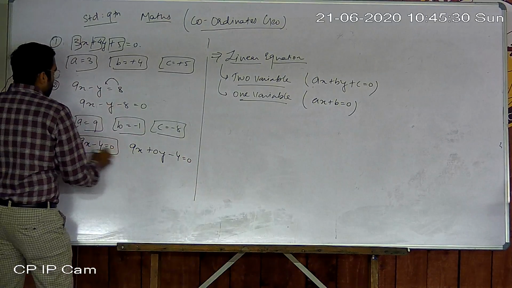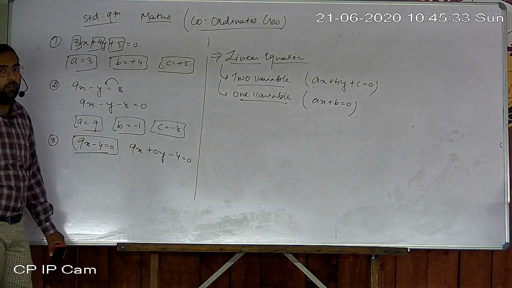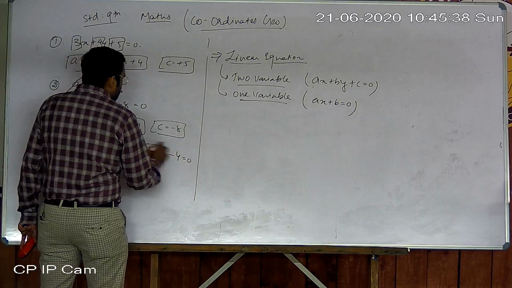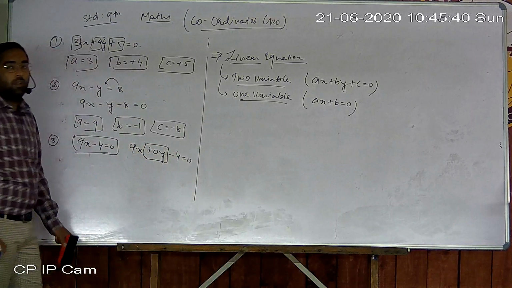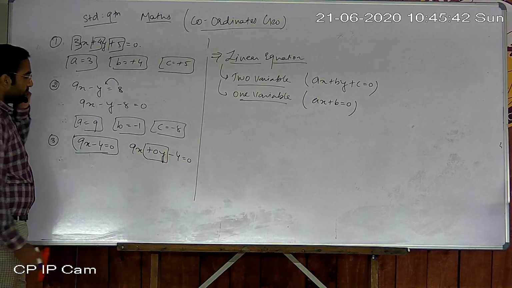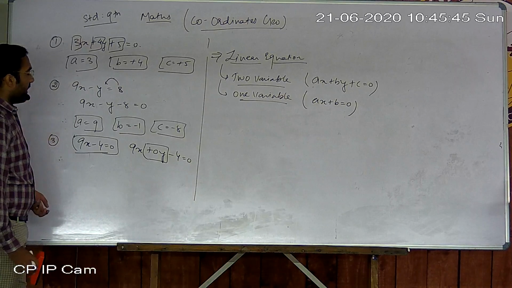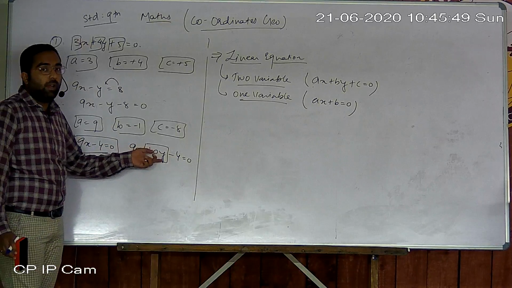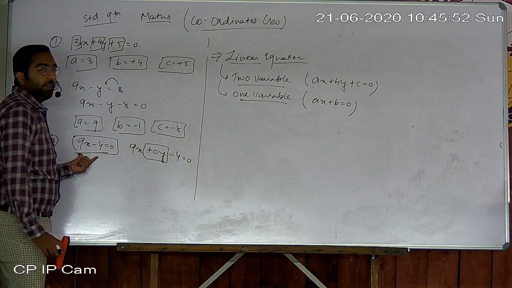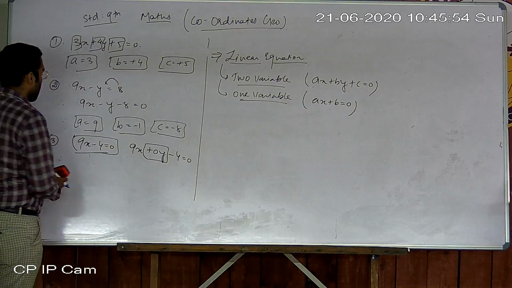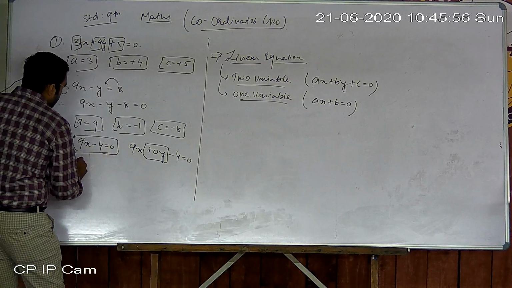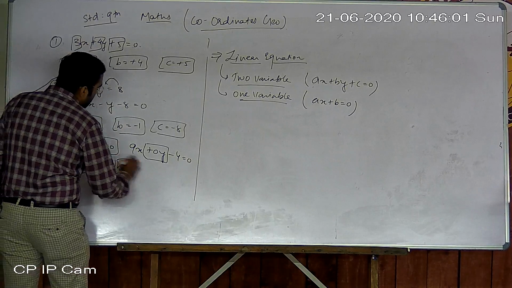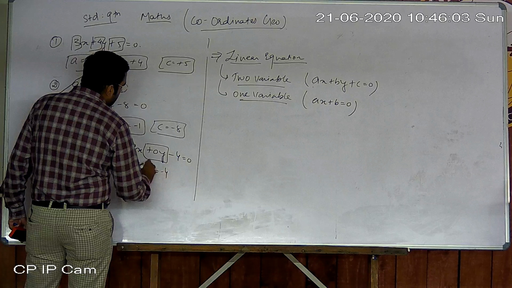Whenever a variable is not available, you have to put 0 with it. So my a is 9, b is 0, and c is minus 4.